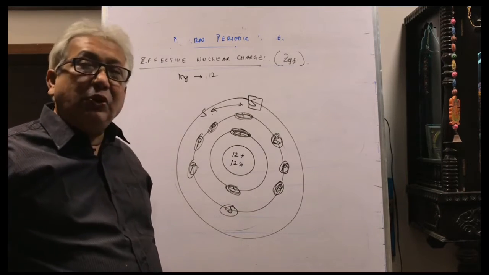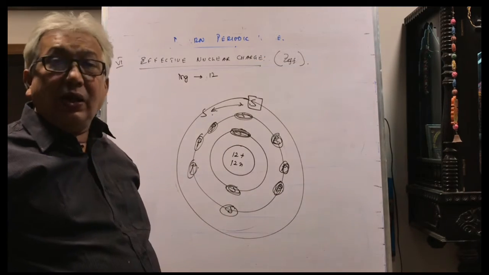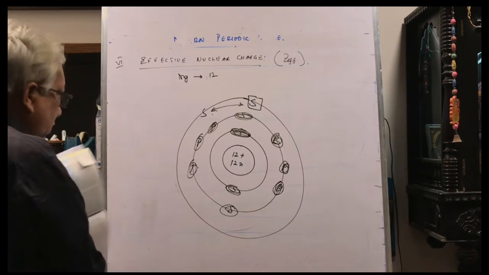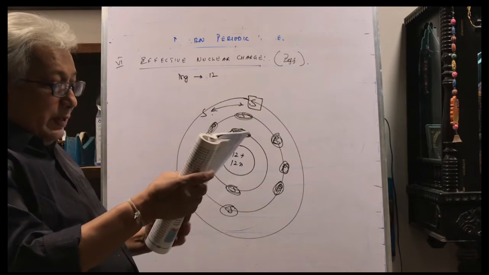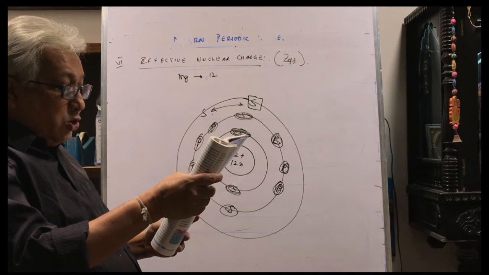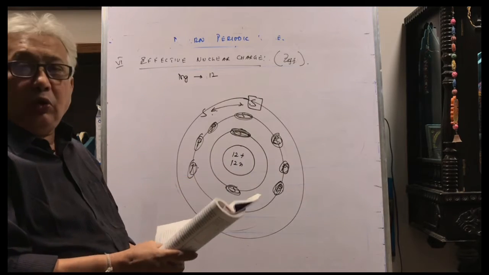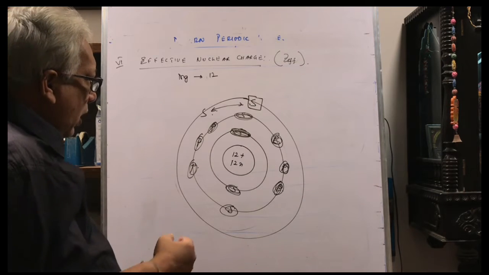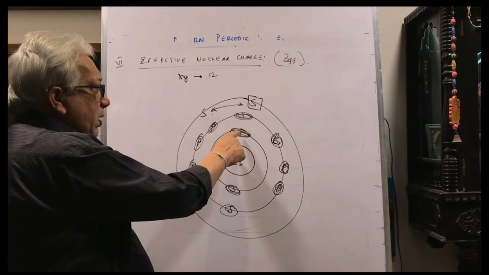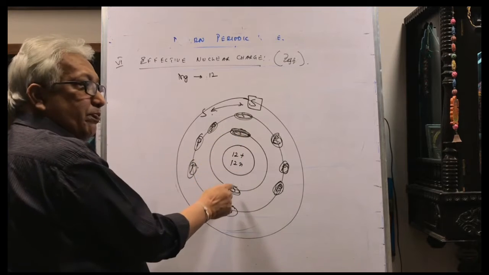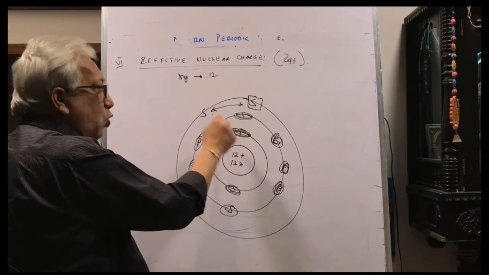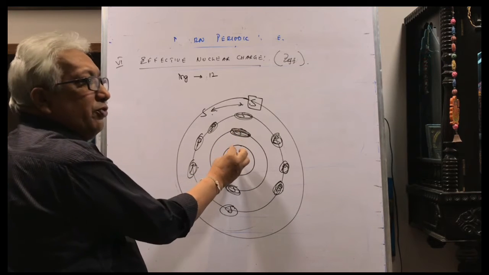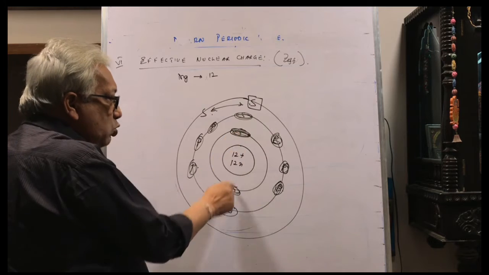What is the effective nuclear charge, denoted by Z effective? In your textbook it has been defined as the net nuclear charge actually experienced by an electron. So if you think of individual electrons, the effective nuclear charge enjoyed by the first shell electrons will be the maximum, because there is no barrier, no shielding effect. The only factor working against the enjoyment of the overall nuclear charge is their mutual repulsion.